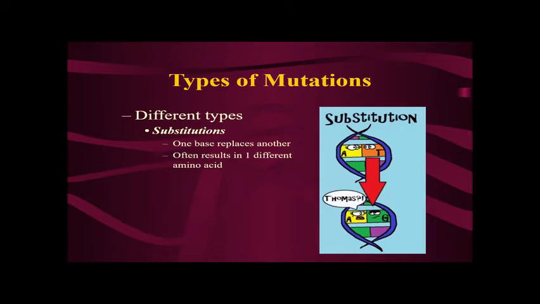There are substitutions, and that's when one base replaces or substitutes in for another. Since this is usually a change in one base, it could change one codon, which would mean that we could have one different amino acid in the protein sequence.